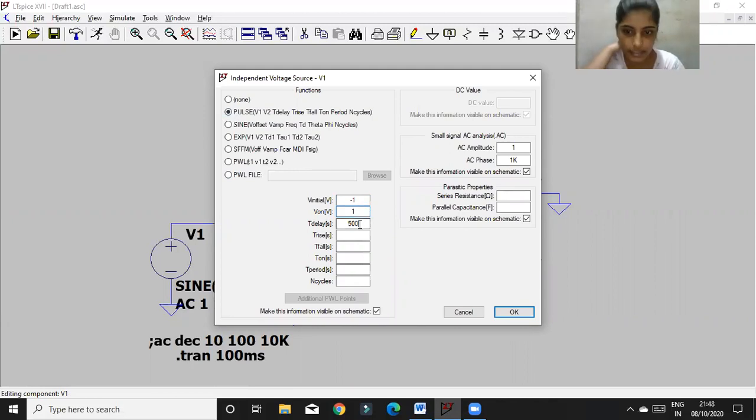My T delay is 1 T. Then my T rise is, let's say, 0.5 ms. T fall is also 0.5 ms. Then my T on is 1 period, and the T period, let's say, 1.